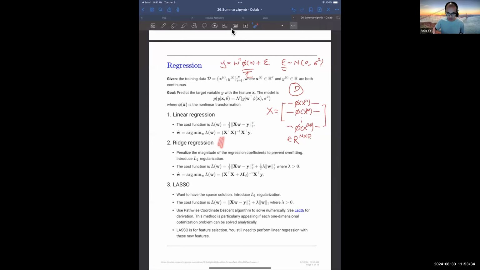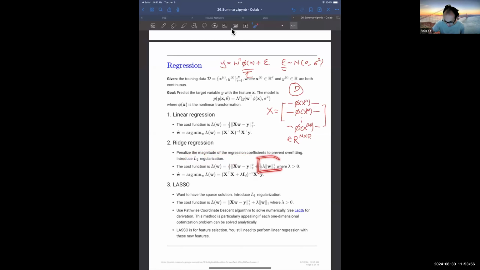So what you can do is add some penalty. I'm going to introduce a penalty on the magnitude of the regression coefficient to prevent overfitting. This is called L2 regularization, or Tikhonov regularization.